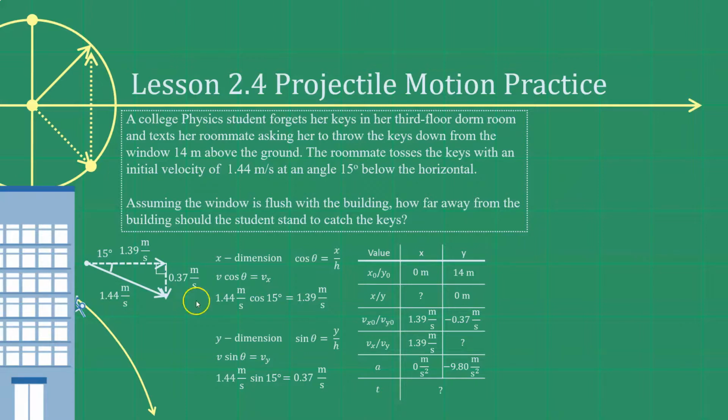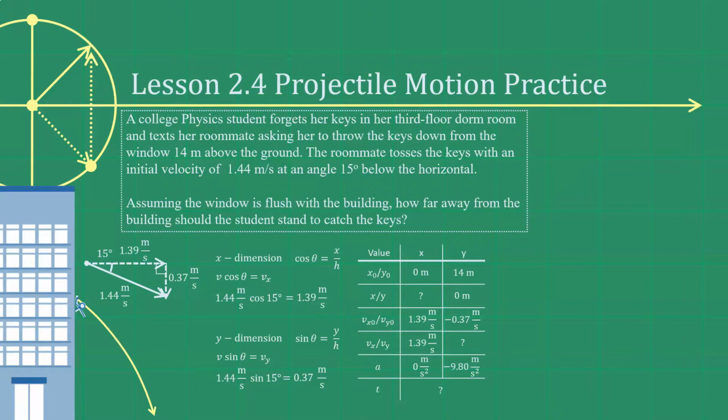Now, looking at this table of knowns and unknowns, I realize that I have the same number of unknowns in both columns. But y has more functional knowns than x does. Remember that one thing I don't know in the y dimension is something I'm probably not going to be looking for anyway. Anytime we solve in the y dimension, we typically will exclude one value we're not interested in.